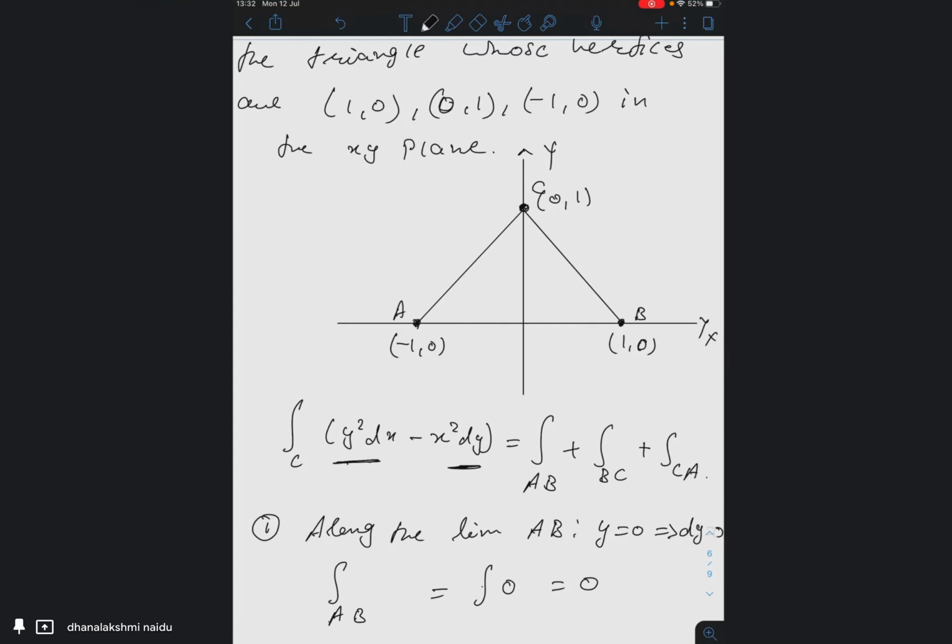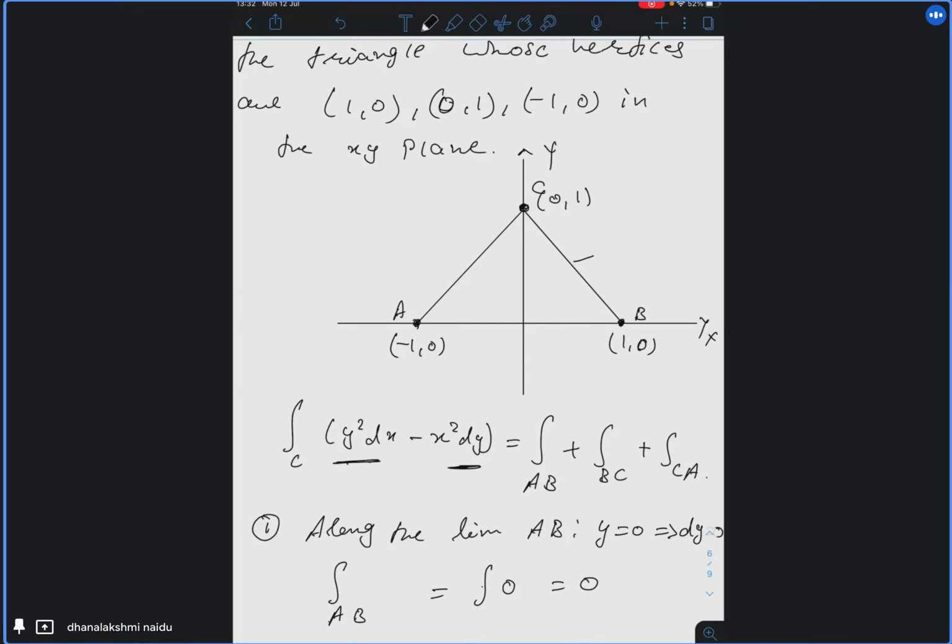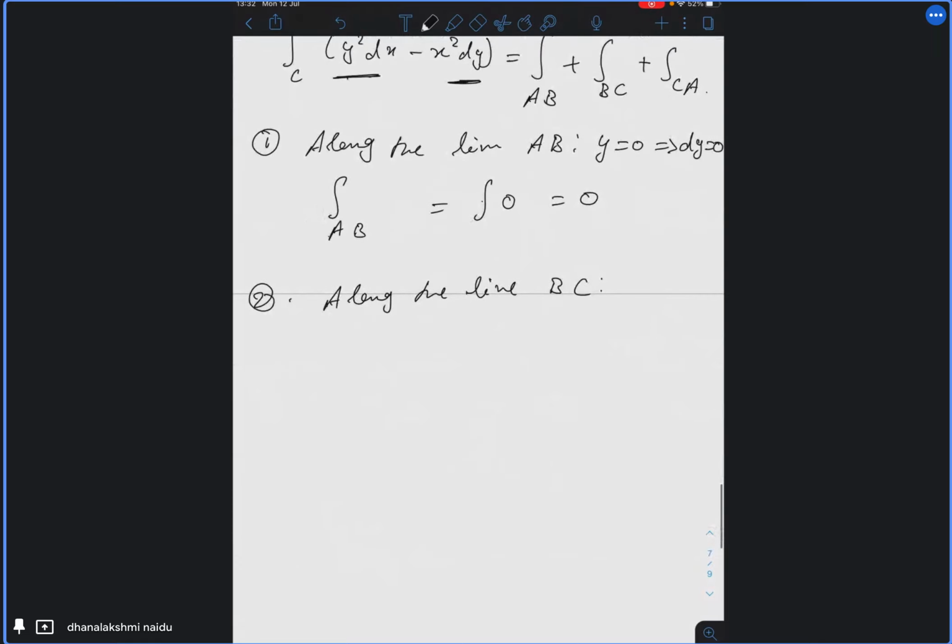Yes, x plus y is equal to 1. When y is 0, x is 1; when x is 0, y is 1. So along the line BC means x plus y is equal to 1.